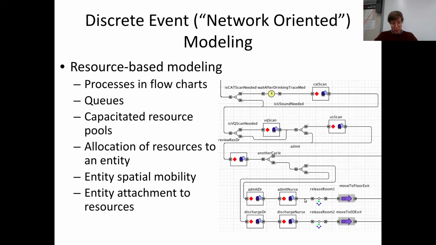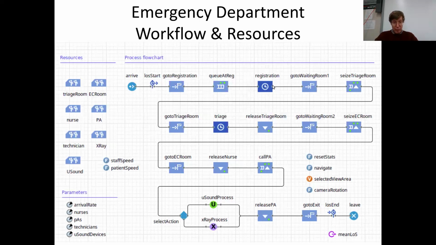Sometimes they're hierarchically described. There may be a sub-workflow in there. There are queues associated with awaiting certain processes, awaiting availability of the registrar, for example, awaiting availability of a triage room.